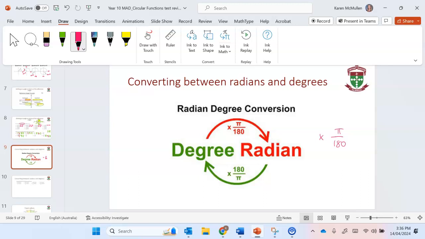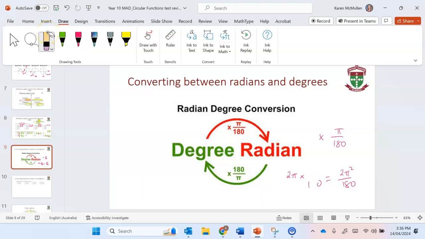So what I mean by that is if I wanted to convert 2 pi into degrees and I accidentally did pi over 180, I'm going to end up with 2 pi squared over 180, and you shouldn't end up with pi squared. So you know you've done it the wrong way.